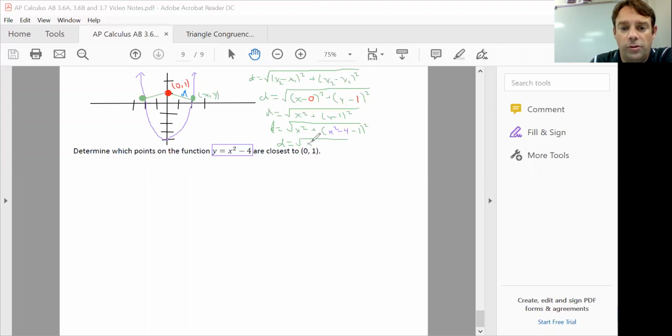So we're doing just a little bit of setup here to help us out on this one because this is just a little bit more than normal. And by the way, once I plugged in x squared minus 4 for y, I'm now a function of x. I probably should have d of x here.